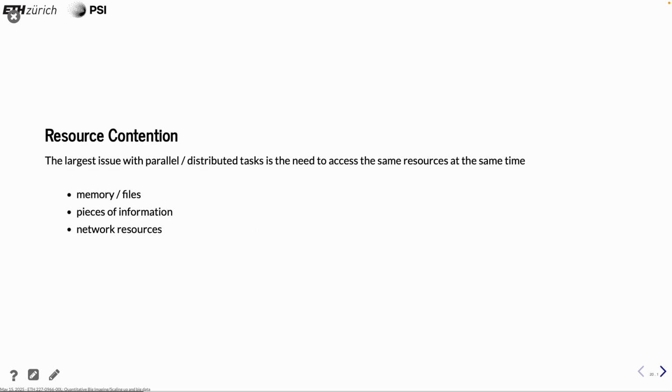A problem when you run in parallel is that some resources are limited, in the way that you cannot use them at the same time, and they are much fewer than maybe you have processes. So memory is often limited, also files.